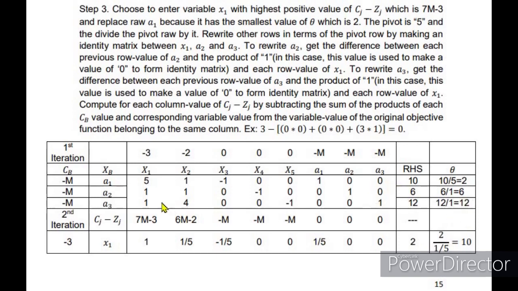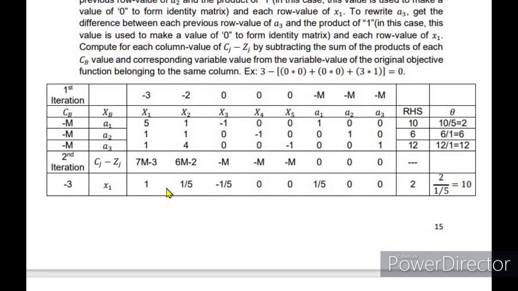When we compute the theta, 10 divided by 5 is 2, 6 divided by 1 is 6, 12 divided by 1 is 12. So the smallest is 2. So a sub 1 will be replaced by x sub 1, okay, and the pivot element, or the intersection element, is 5.